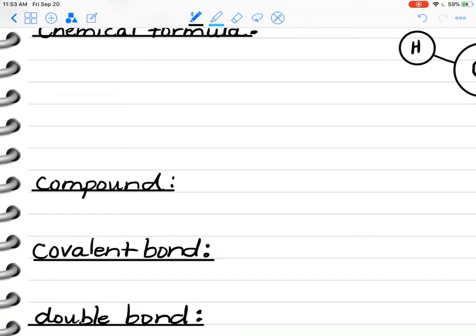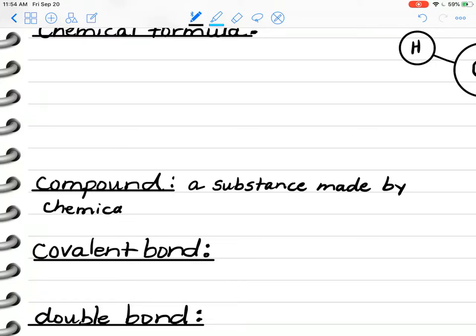A compound is a substance made by chemically bonding atoms in fixed ratios. And I'll show you what I mean by that.